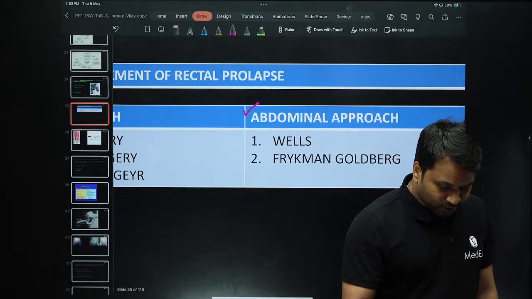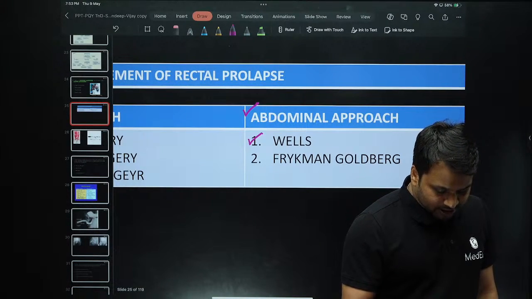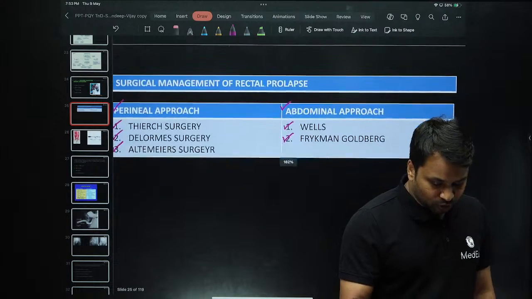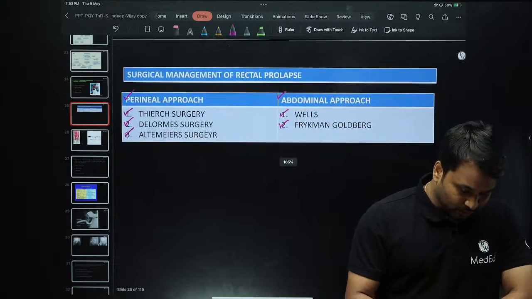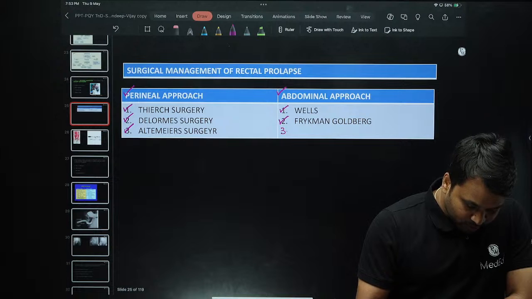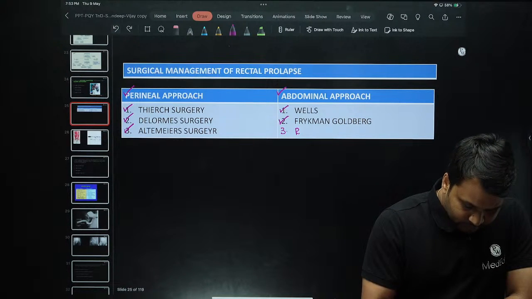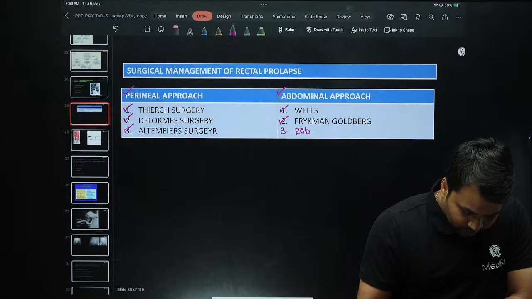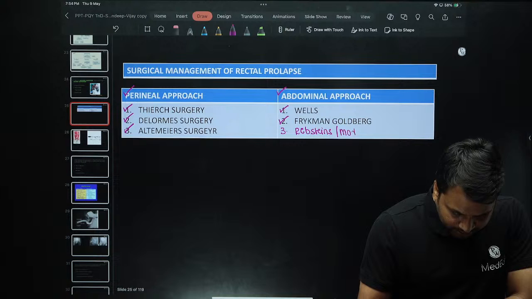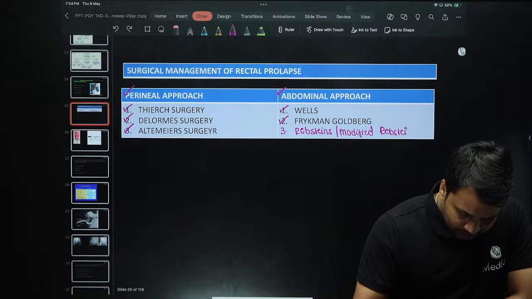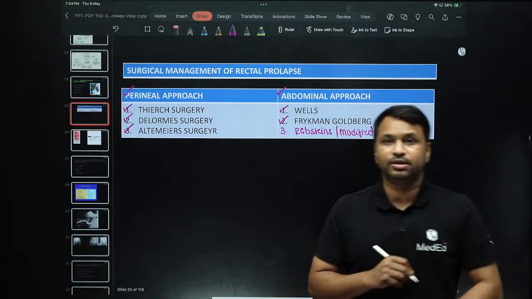The abdominal approach includes the Wells technique as well as Frykman-Goldberg. Another abdominal approach is Ripstein's, and the modified Ripstein's.